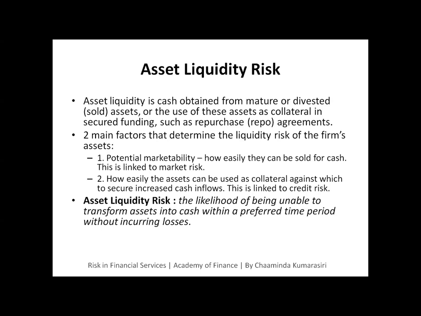You're unable to transform asset into cash when you need, within preferred time, and without incurring a loss. That means at the market rate, the right price. So if you are unable to do that, that is asset liquidity risk. So then it is connected to the credit risk and market risk as well, as you can see.